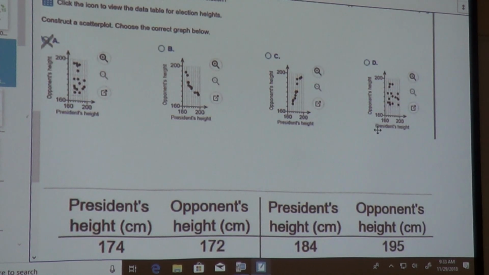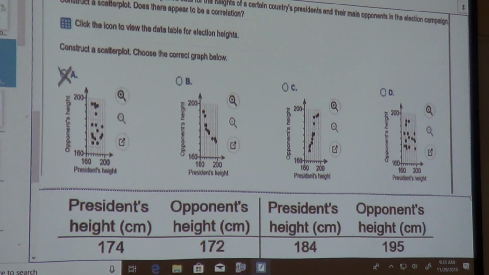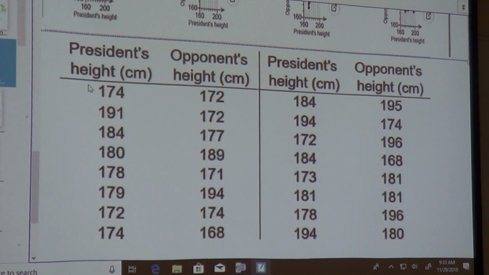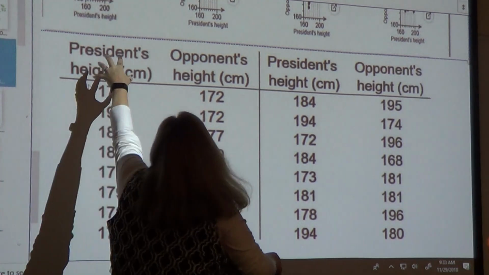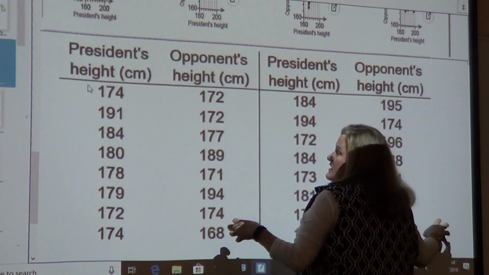Now, this one showed the scatter plot. I think we talked about this one, where your L1 was here and continued over here, and your L2 was here and continued over here.